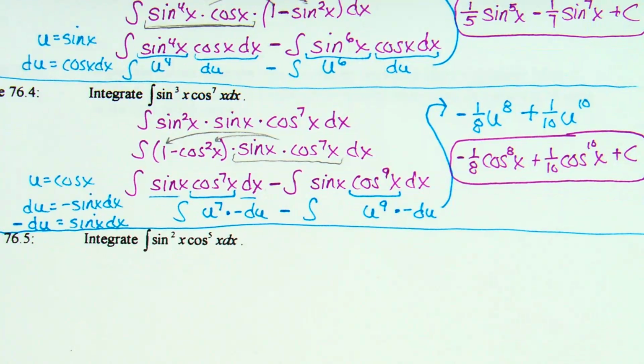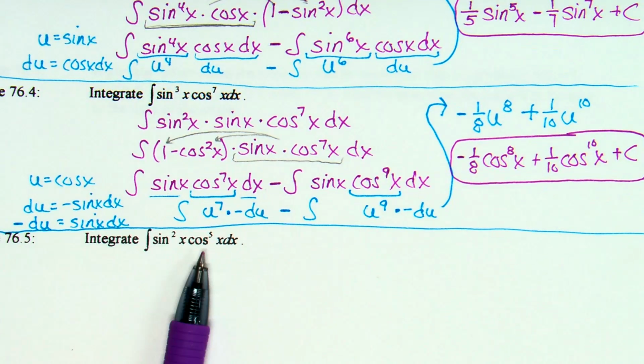So, what we're going to do, as much as we want to, it's already a nice sine squared, I just want to replace it, we're going to have to pull off, we're going to have to use the cosine to the 5th. Now, the key is, I only want one cosine hanging out in the end. I don't want 3 cosines hanging out in the end.